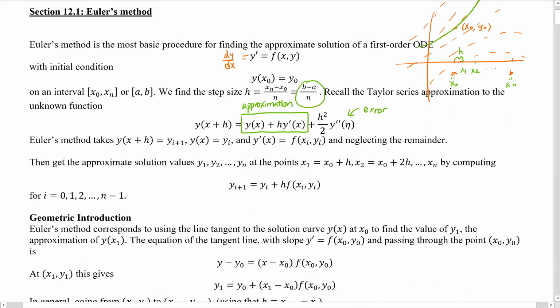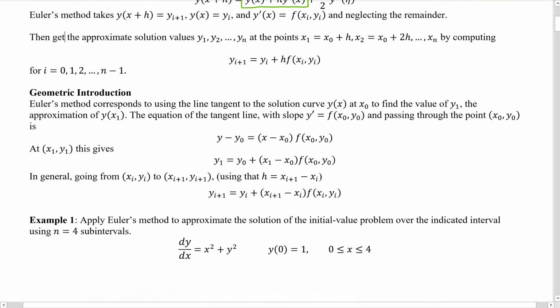So, geometric interpretation. Euler's method corresponds to using the line tangent to the solution y of x at x0 to find the value of y1, and that is the approximation of y of x1. Okay, the equation of the tangent line with the slope y prime, which equals f of x0, y0, and passing through the point x0, y0 is in point-slope form.